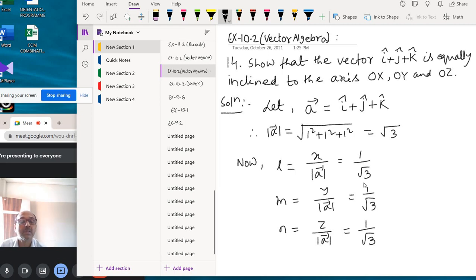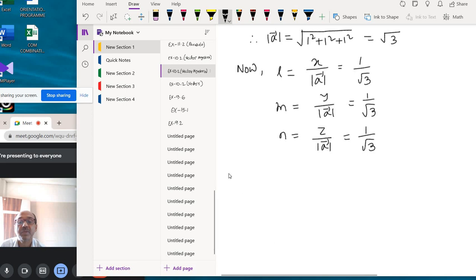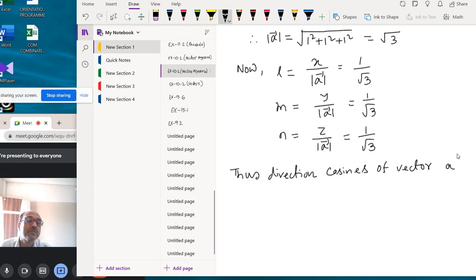Thus the direction cosines of vector A are 1 by root 3, 1 by root 3, 1 by root 3.